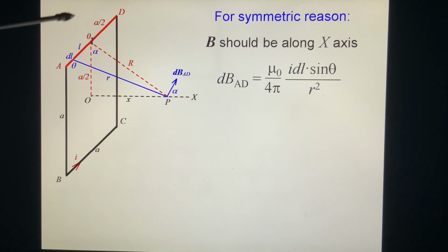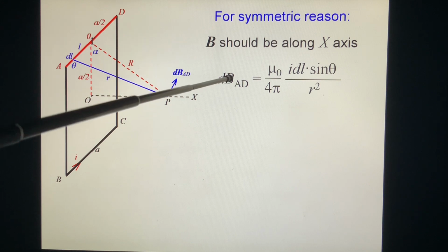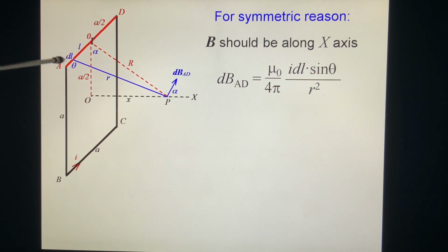Now let's pick one very small differential section called dl. Then dB equals mu 0 over 4 pi, I dl cross r, over r cubed, where r is from the source to the point.